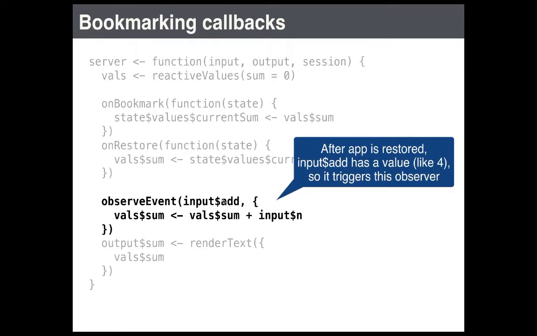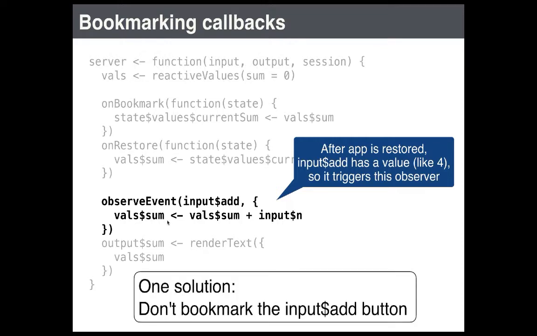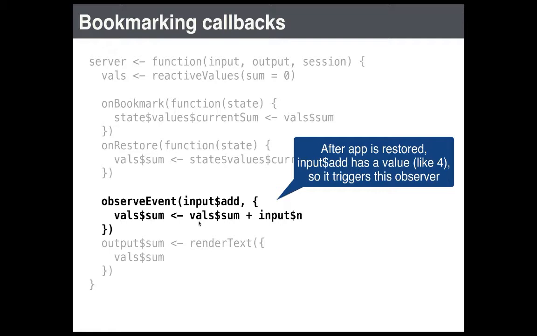And because that's a value of 4, it triggers this observer. The sum before this observer fired was 200, right after the application was restored, and then this observer gets triggered, and the sum goes up to 250 because it thinks that we clicked the add button one extra time.